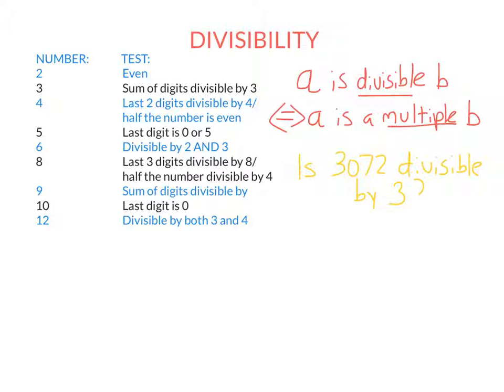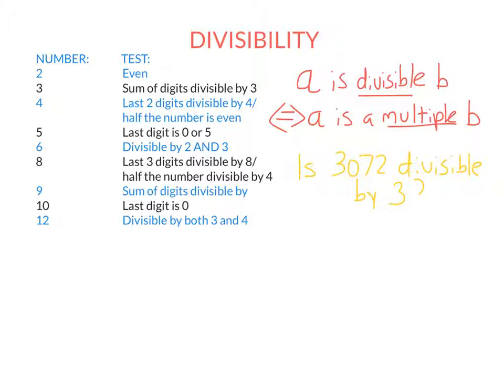Or is 3 a factor of 3072? So what we could do, we could divide 3072 by 3 and see if the answer is a whole number. We could use a calculator to do that or do it by hand. But what we're going to look at in this video is using some quick divisibility tests to tell us whether one number is divisible by another without actually having to do any calculations.